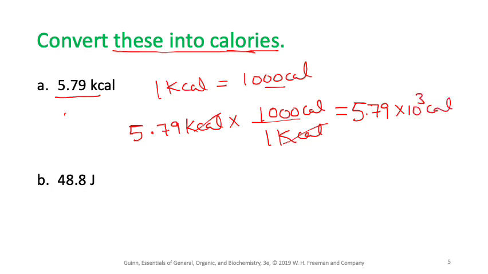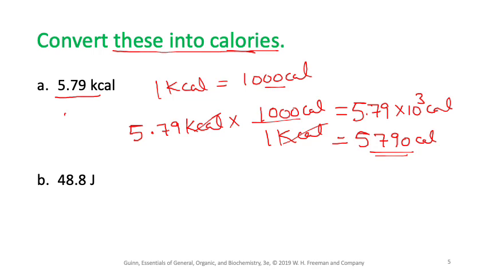And if you don't want to use scientific notation, you can also write it as a standard number, which comes out to be 5790 calories. So this is how you can convert a kilocalorie into a calorie.